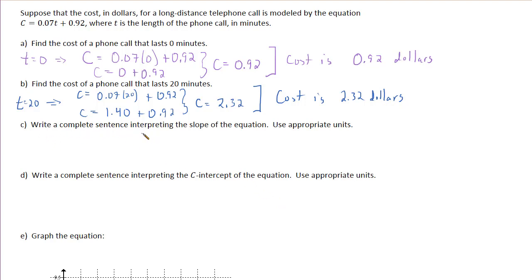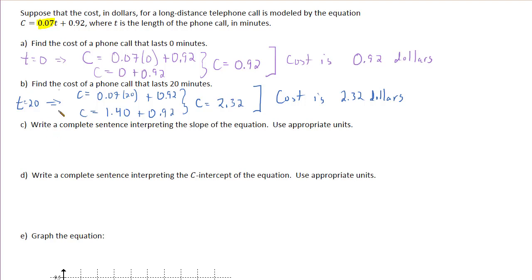Write a complete sentence interpreting the slope of the equation. Use appropriate units. So first, identifying the slope. The slope is given by the 0.07, right? It's the coefficient on the t term. And how we can interpret that is, well, we see that the cost is increasing, and the 0.07 tells us that it's increasing at a certain rate.